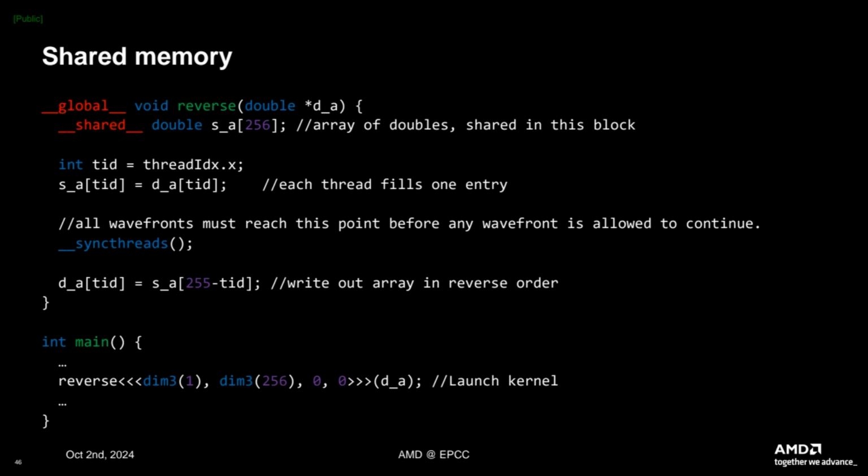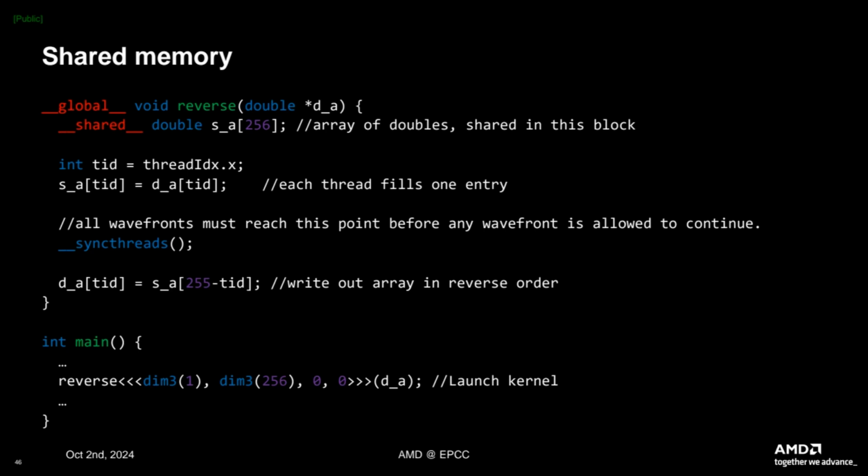So you see that what we're doing is we are taking the local thread ID within the block, and then we are making a copy of the device array into this shared memory array. And then we are copying that back into the original array to reverse it.